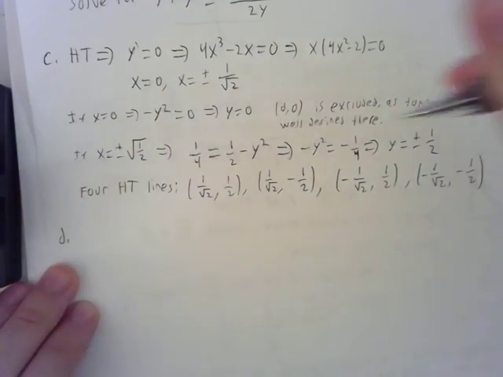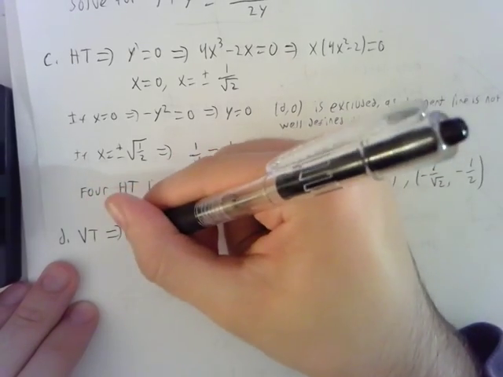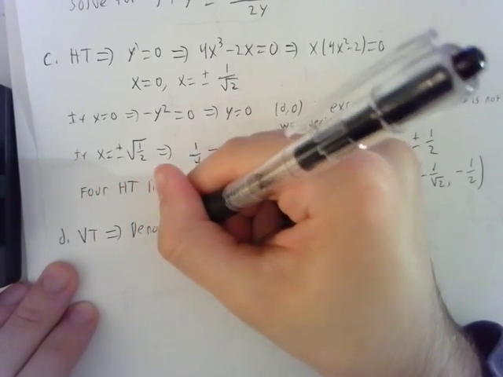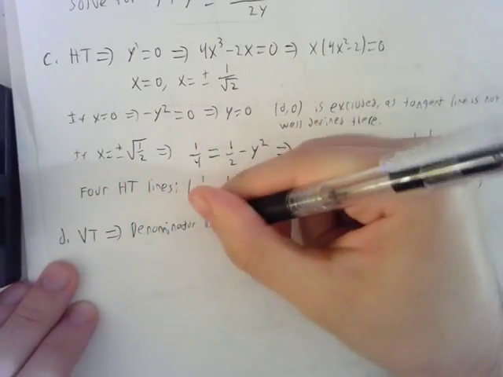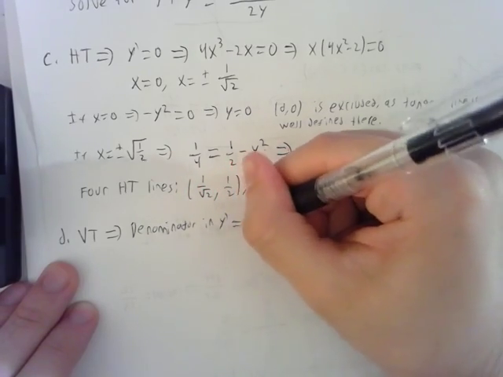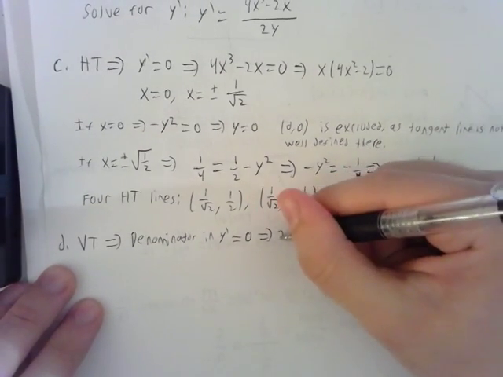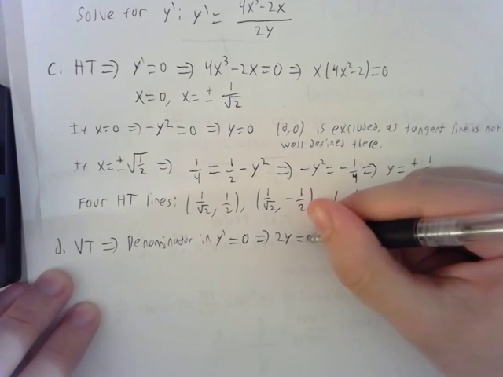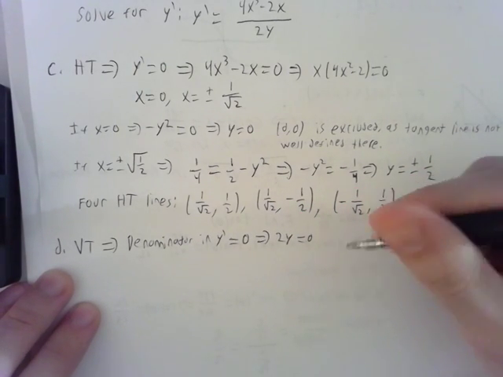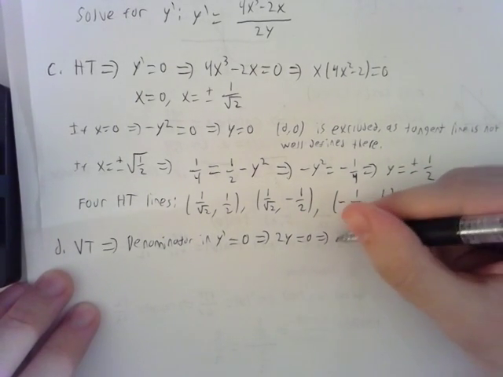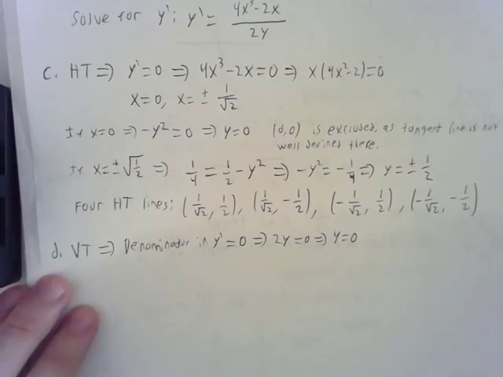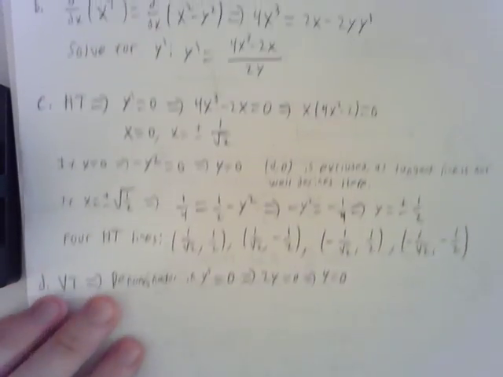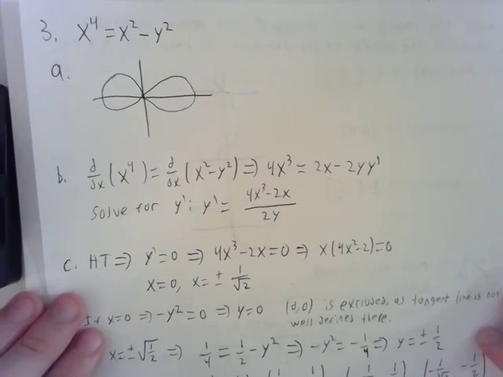Now let's try to find where there's a vertical tangent line. So vertical tangent implies the denominator in y prime equals 0. So that means 2y has to be equal to 0. Well, it must be the case that y is equal to 0. That's the only possibility. Let's go back to our original equation.